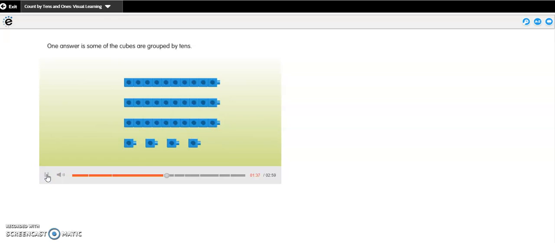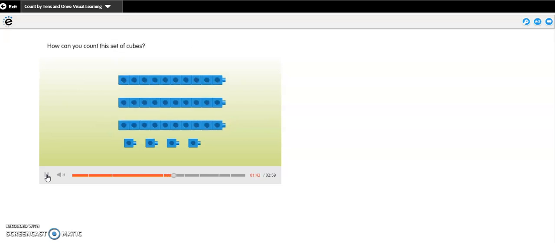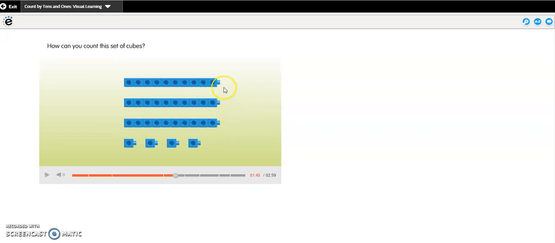One answer is some of the cubes are grouped by tens. How can you count this set of cubes? Okay, so if we know we have some tens, we can start counting by tens. 10, 20, 30. But now we're out of tens.